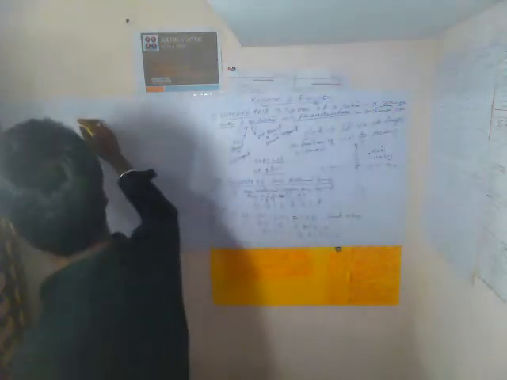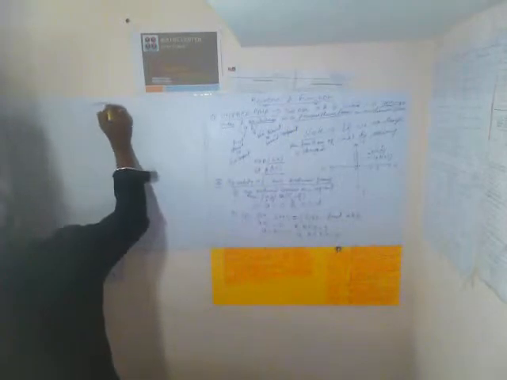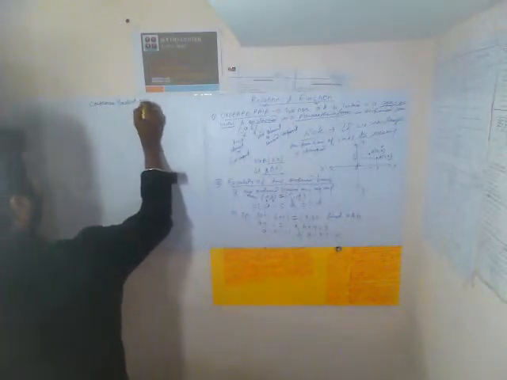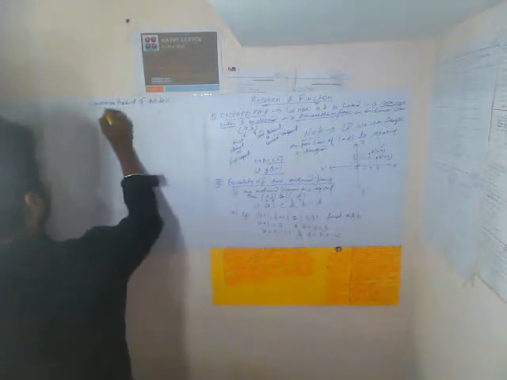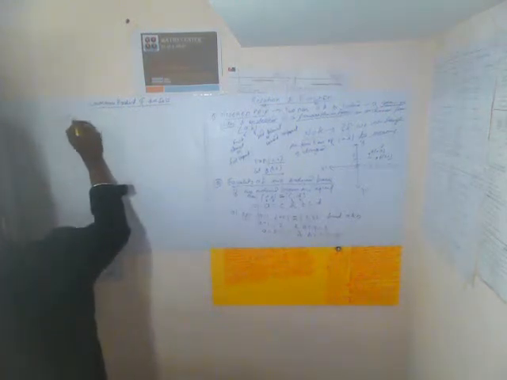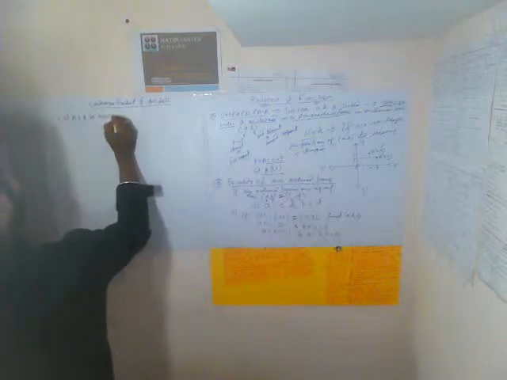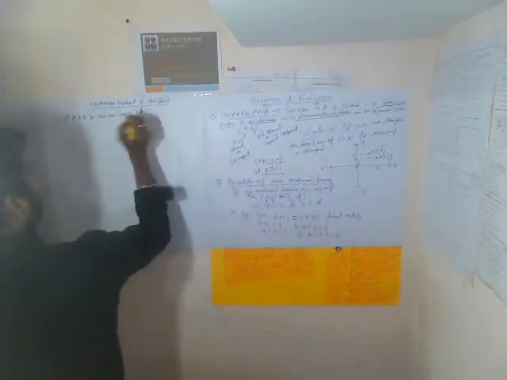In Cartesian products of two sets, let A and B be two non-empty sets.